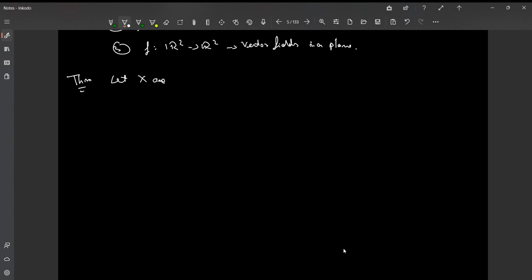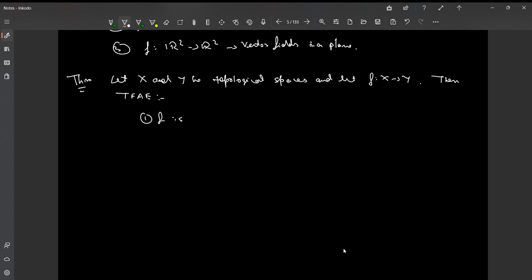Theorem. Let X and Y be topological spaces, and let f be a mapping from X to Y. Then the following are equivalent. Statement one: f is continuous.